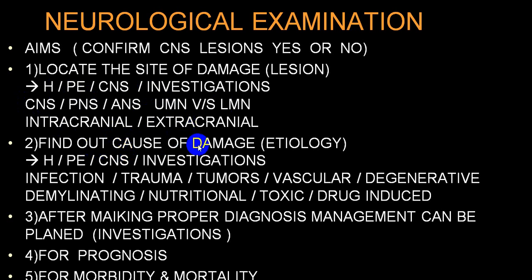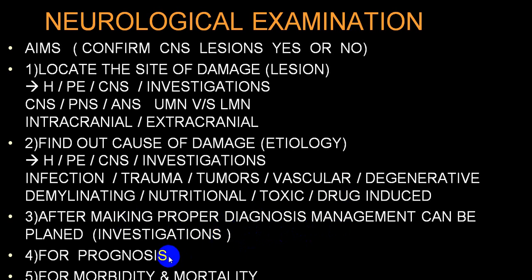You have to find out the cause of damage, and for finding out the cause of damage, after a good examination, it should be followed by investigations. And in that etiology, we should be able to differentiate whether it is infective, traumatic, tumor, vascular, degenerative, demyelinating, nutritional disorders, toxic disorders, or drug-induced, etc. And after making a proper diagnosis, management can be planned out depending upon the diagnosis and investigations.